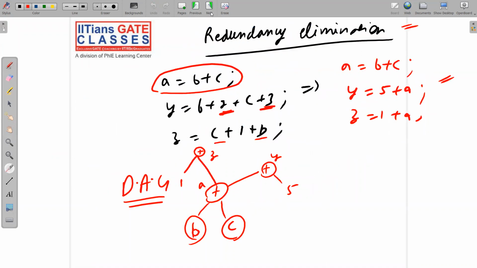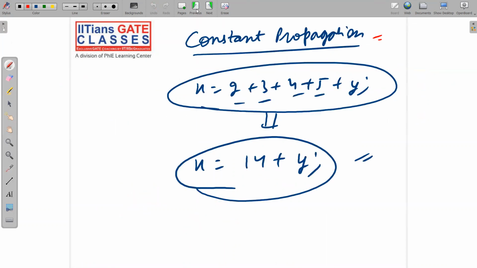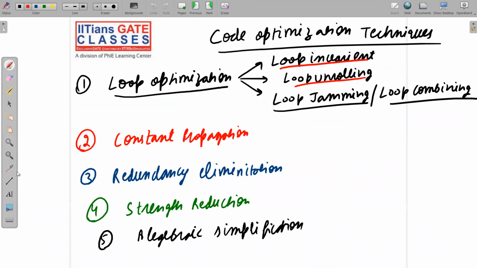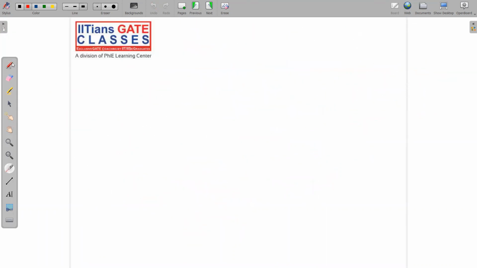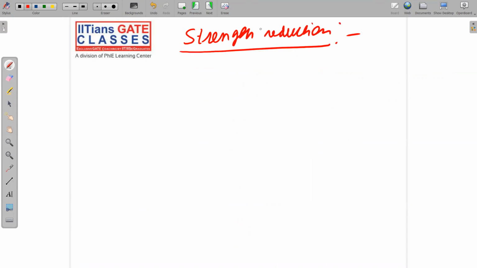Okay. Next is strength reduction. See the slide. What is strength reduction or reduction in strength? We can use any word, one and the same thing. For example, I want to multiply x by 2. In place of this, I can use the left shift operator, x left shift 1.